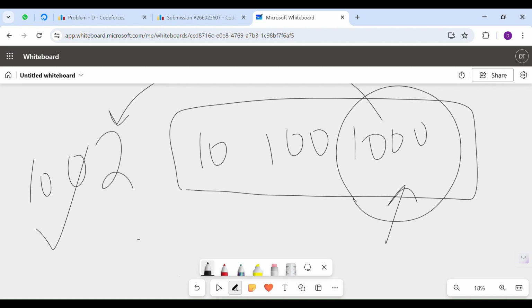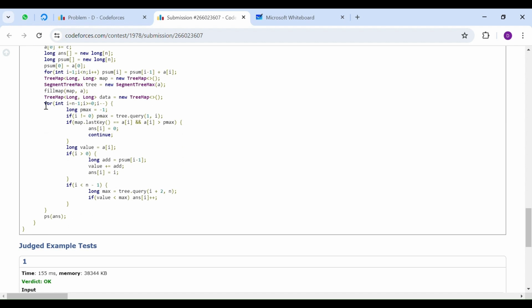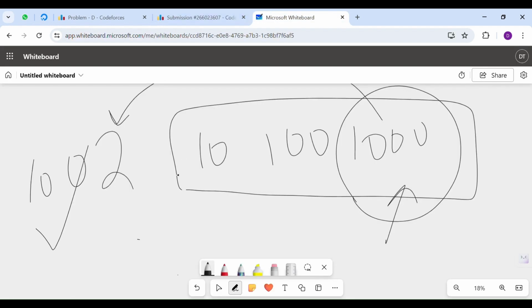So, 3 steps and your entire sum is done. Okay, first of all I calculated the prefix sum to get range sums, and I added the value of c to a of 0. Okay, now I am calculating in reverse, since I can directly add one value to my right.